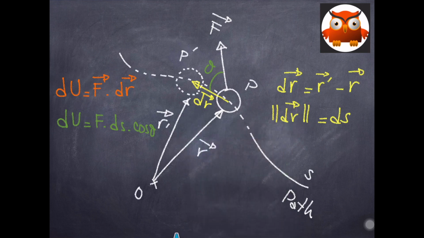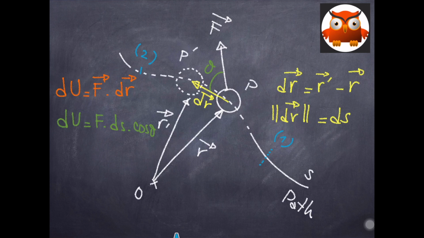Now if we consider that due to the force F, the particle moved from one position to another, let's say we are interested in the position at this time, let's call it position 1, and another position somewhere here, position 2.